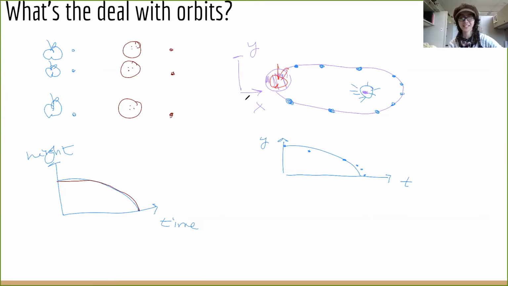So if we put an apple here, then it would follow the orbit of the planet. And if we replaced Earth with a bowling ball or an apple, that apple or bowling ball would follow the same orbit because gravity doesn't know the difference between them. It just makes things move on curves.